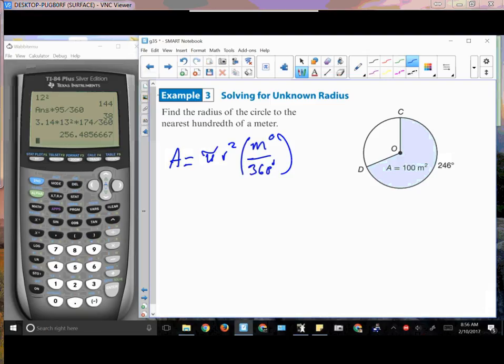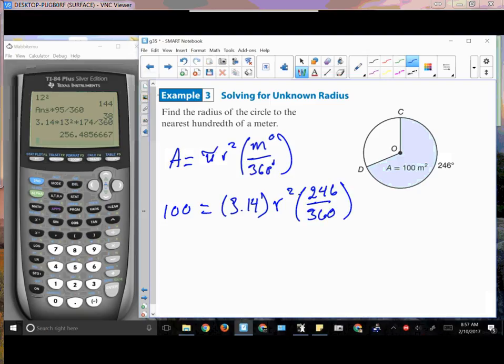Area, well, that would be 100, correct? They told us that A, so we'll put it in, pi, 3.14. Radius, do I know what that is? No, so that's going to be r squared multiplied by 246 over 360.